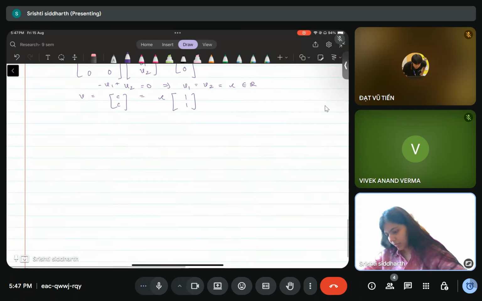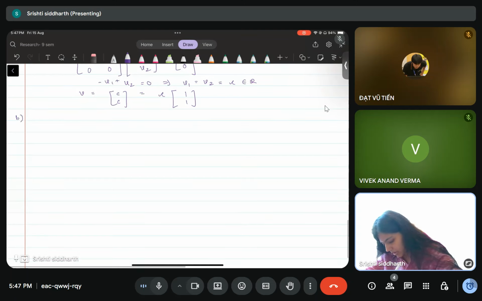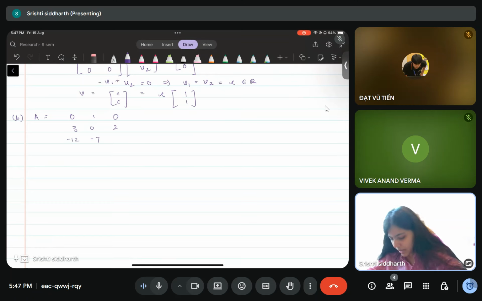Alright, so let's move on to a bigger matrix. A equals [0, 1, 0; 3, 0, 2; -12, -7, -6]. So the characteristic equation is the determinant of A minus lambda I equals 0.